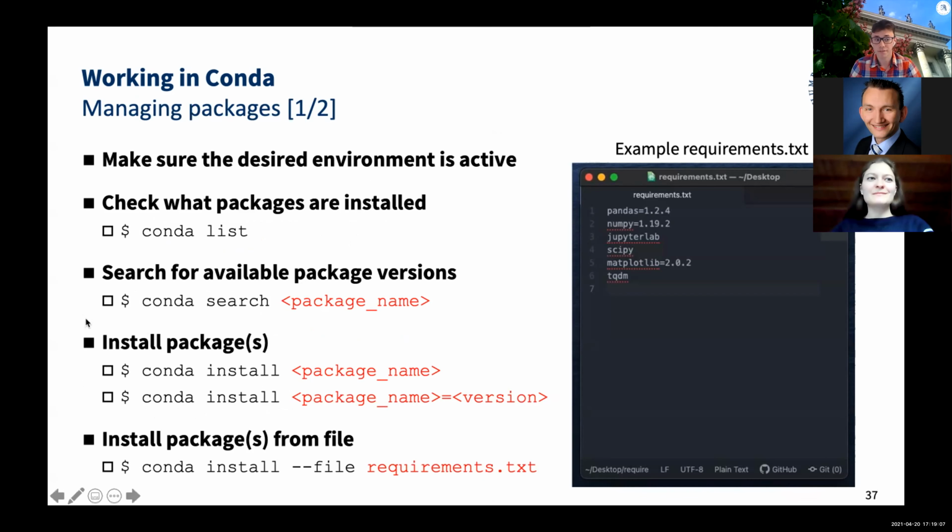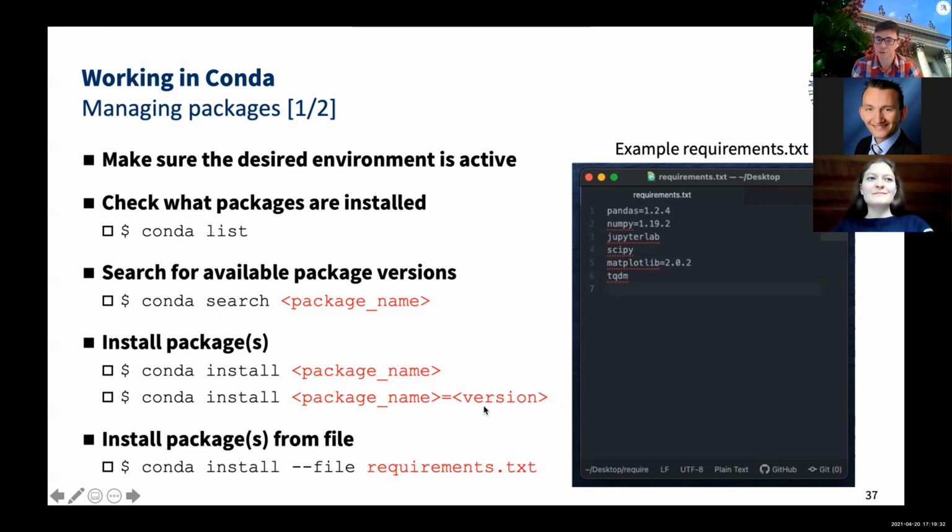And then you have different functionality available to you. In order to search for package versions, you can type in conda search and a package name like NumPy. It will print you all versions of NumPy that are available in Conda, and you can install them. And to do that, you just type conda install and the package name.